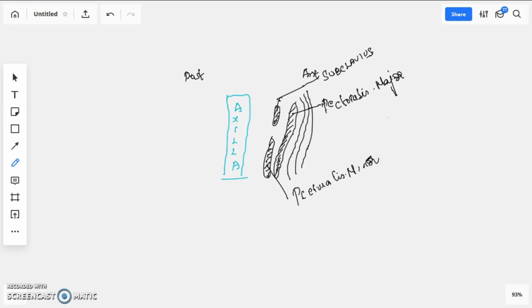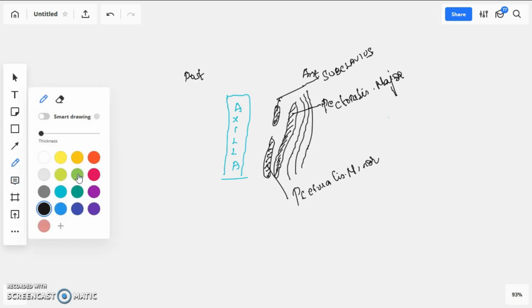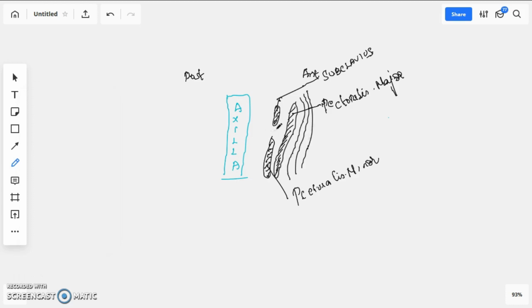Then we'll be having some fascia present in the region. That fascia is nothing but clavipectoral fascia. So we have to show that also clearly. Clavipectoral fascia we have dealt with already. The clavipectoral fascia is going to cover subclavius and also pectoralis minor. Later it is going to extend downwards as the suspensory ligament of axilla and then converge with the axillary fascia.